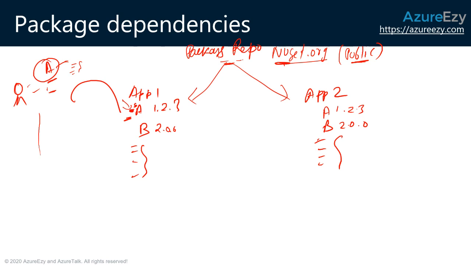So if I am taking a package which does encryption and decryption, and it gives me a function to do that, then probably it will say, okay, use A dot encrypt to encrypt, and A dot decrypt to decrypt.